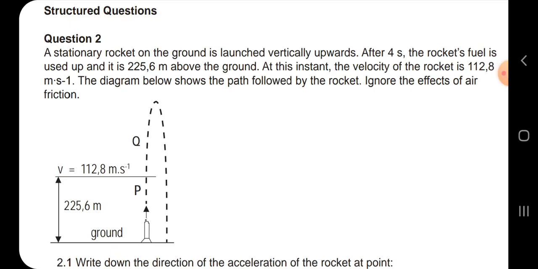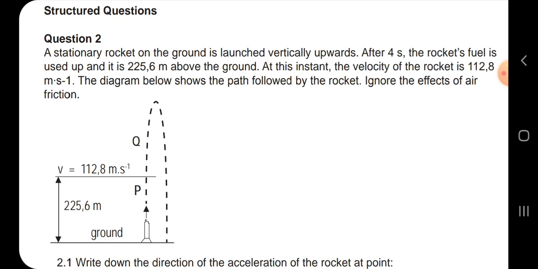A stationary rocket on the ground is launched vertically upwards. After 4 seconds, the rocket's fuel is used up and it is 225.6 meters above the ground. At this instant, the velocity of the rocket is 112.8 meters per second. The diagram below shows the path followed by the rocket.